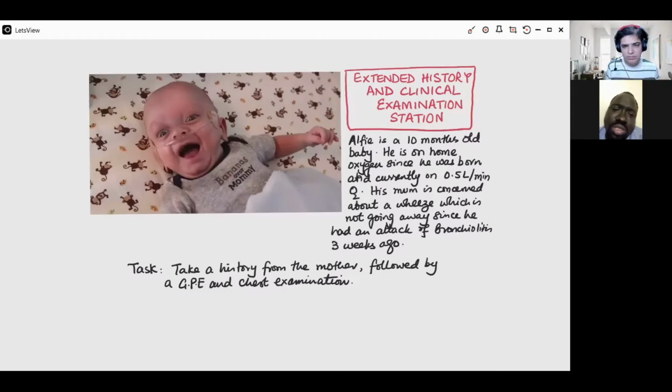So can you tell me a little bit more concerning his birth? Because I can see that he's on oxygen. Yes, Alfie was premature, so he was born at 30 weeks plus 5. Then we were admitted to the neonatal intensive care unit, and they said he probably had sepsis, a chest sepsis.